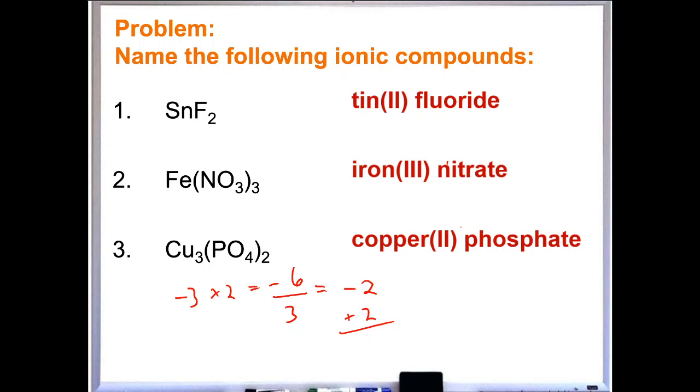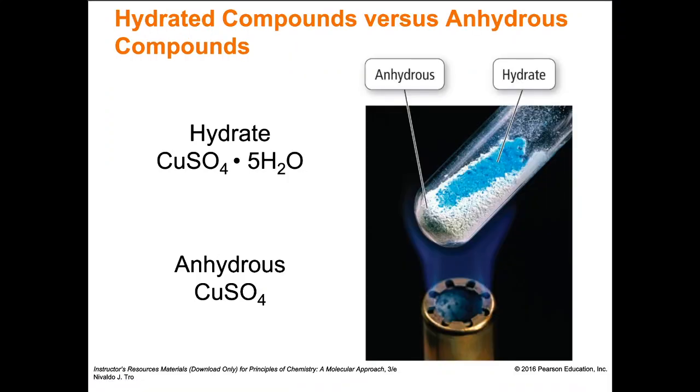So notice here, this is nitrate. If we have just N, it becomes nitride. That's why we don't mess with the endings of our polyatomics, because that would be confusing. For instance, phosphide would be just phosphorus, but phosphate is PO4. That's why we do that, just to keep everything straight.